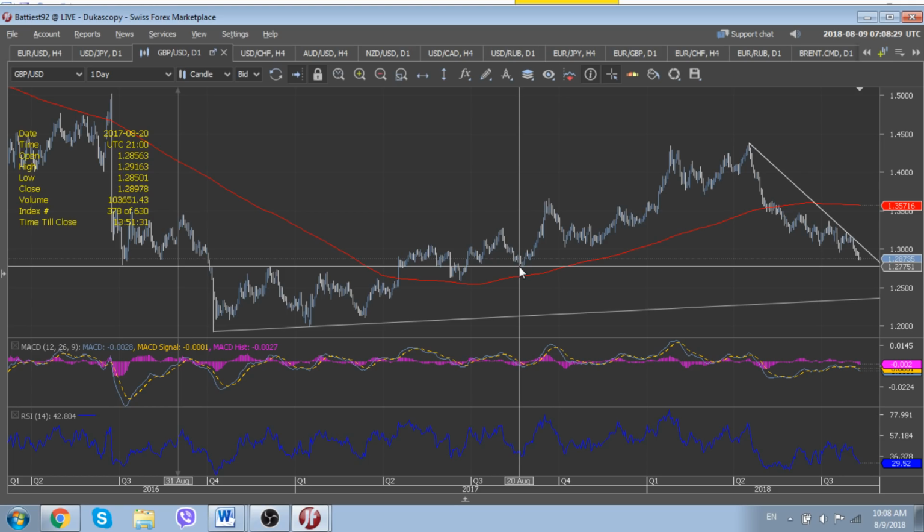We suggest that probably the cable will take a pause around that level, and for those looking for a rebound in the currency, probably this level, undershooting 128, should present you a kind of buying opportunity.